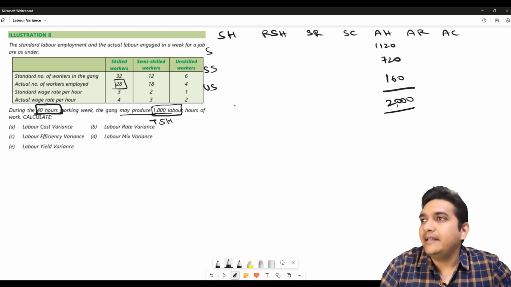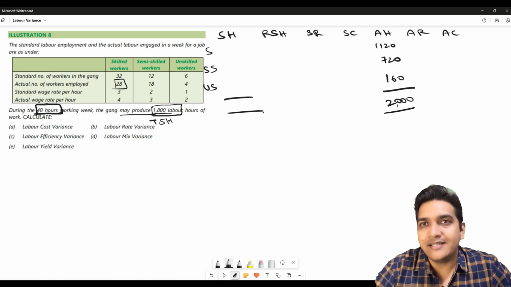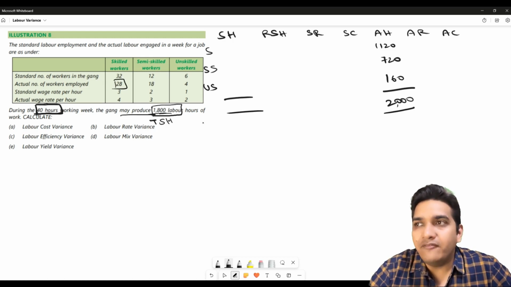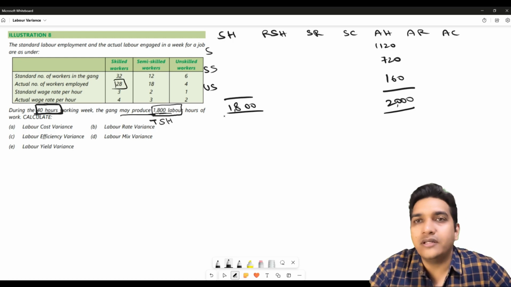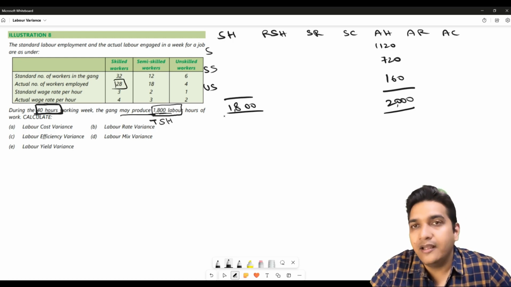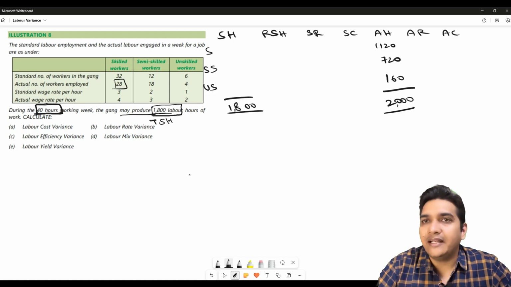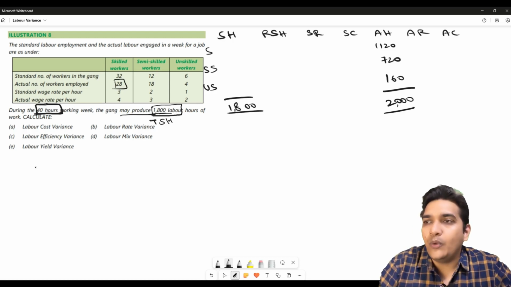So next let us calculate our standard hours. Now what the question says is how the gang may produce 1800 labor hours in a week. 1800, so that becomes my total standard hours. Total standard hours is 1800. But how do we calculate the total standard hours? To calculate it, we will prepare a working note for you to understand easily.